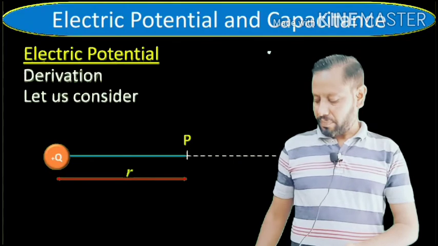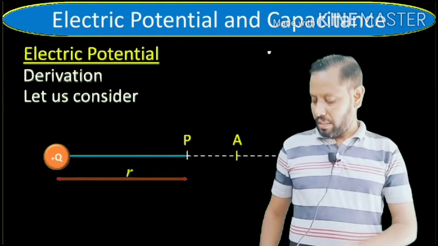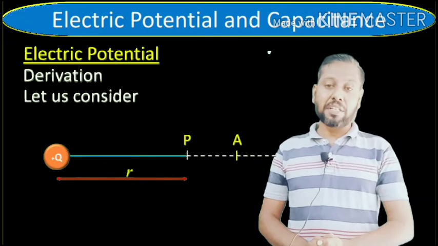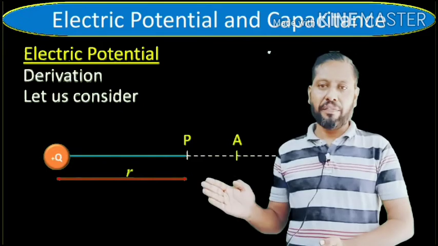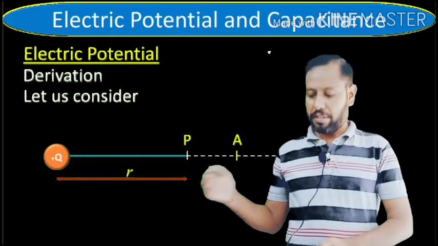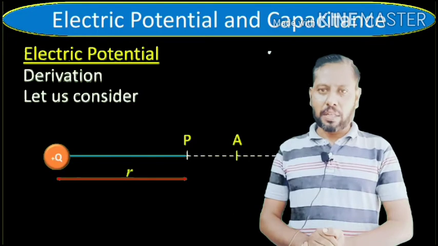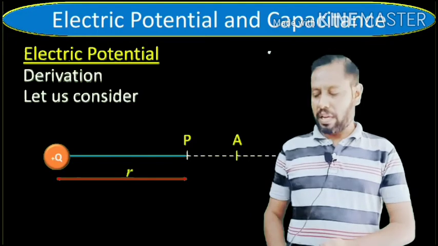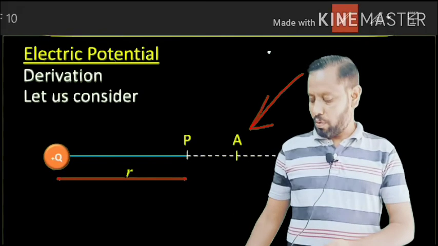Further, when we are shifting the charge small q from infinity to point P, let us say during the path we have a point A, as shown in this diagram.